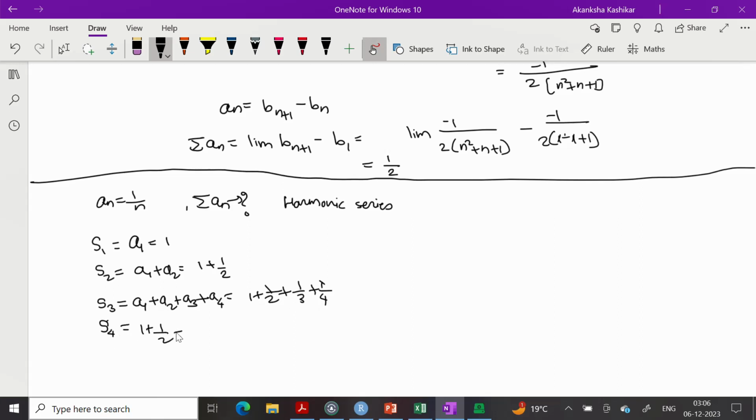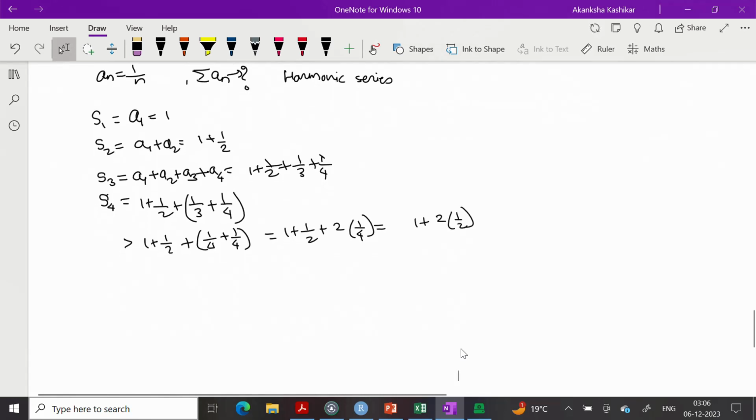Now notice that in this bracket 1 by 3 is larger than 1 by 4, so I can say this is larger than 1 plus half plus 1 by 4 plus 1 by 4. So this would make it 1 plus half plus 2 into 1 by 4, which will make it 1 plus 2 times half. So S4 is greater than 1 plus 2 times half.